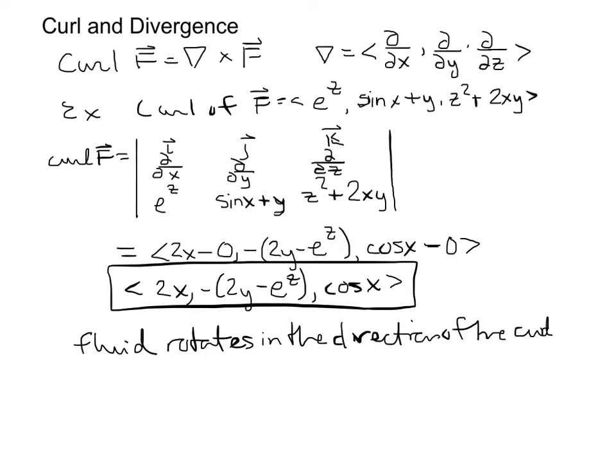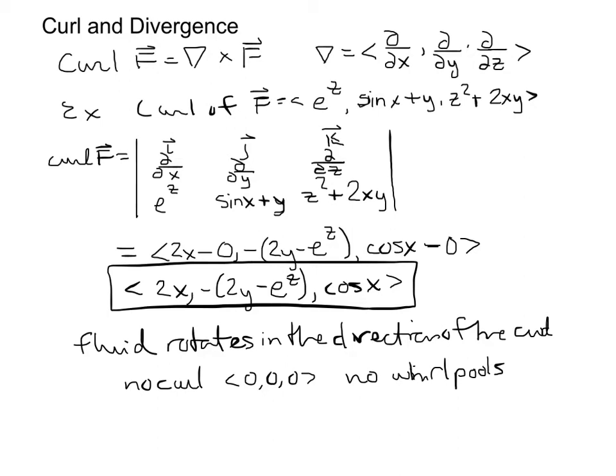So if you're in a fluid, if there's no curl, so that means if the curl ends up being the vector 0, there are no whirlpools. I think that gives a pretty good geometric description of what curl is. So if the curl is 0, there's no whirlpools. Otherwise, a fluid is going to be rotating in some way.